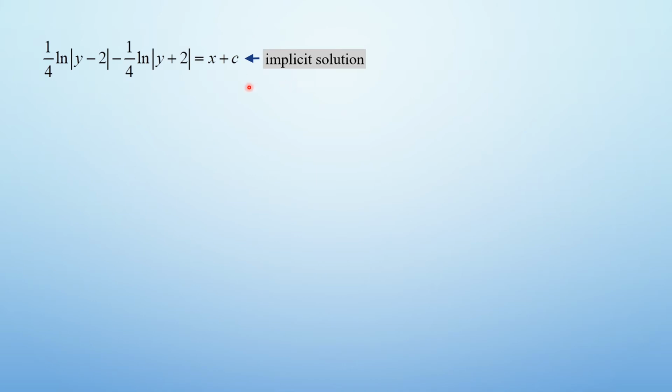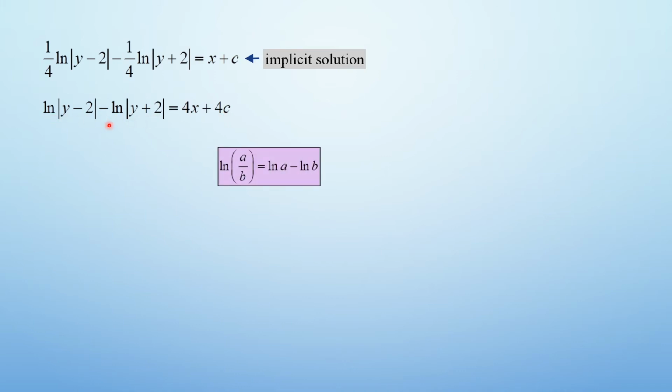I'm going to start by multiplying the whole equation by the number 4. So we get the following: ln of absolute y minus 2, minus ln of absolute y plus 2, equals 4x plus 4c. Let us apply the law of logarithm to simplify this expression. We know that ln a minus ln b is the same as ln a over b.